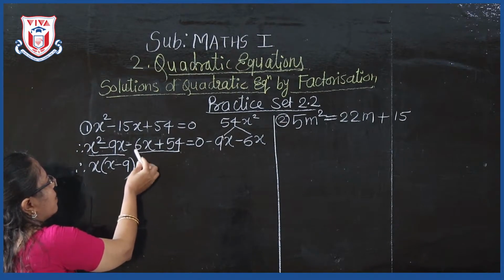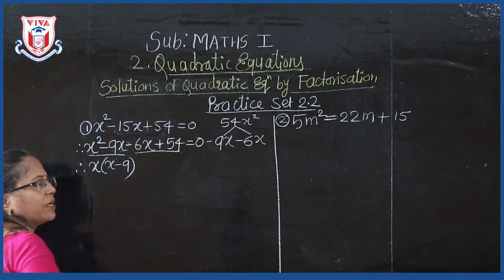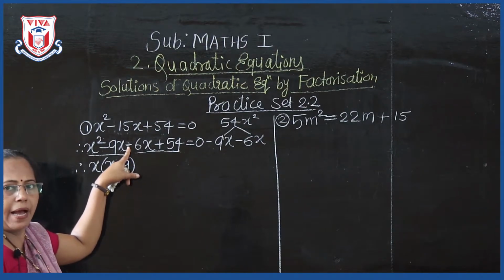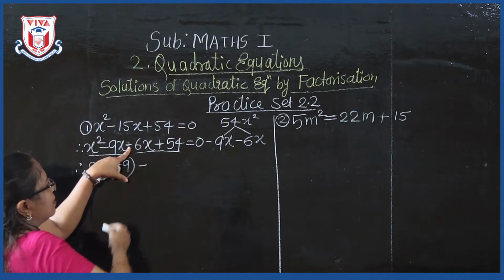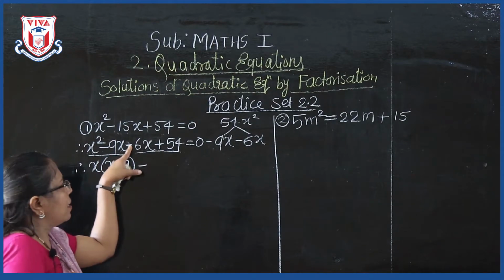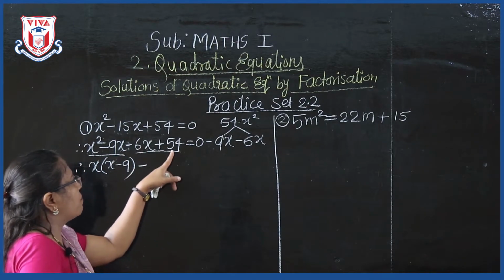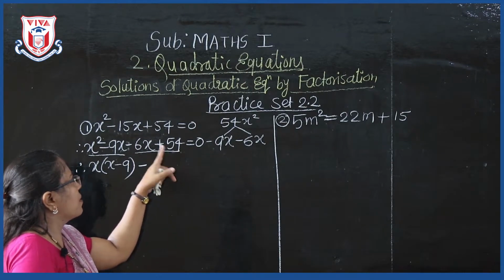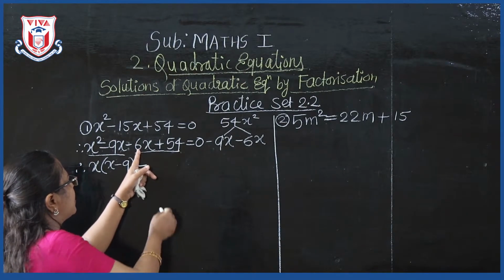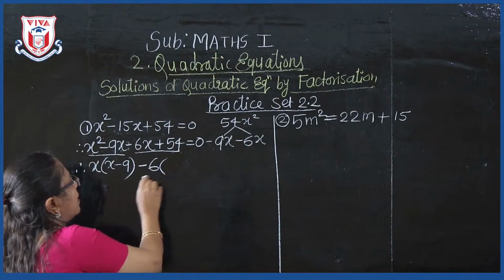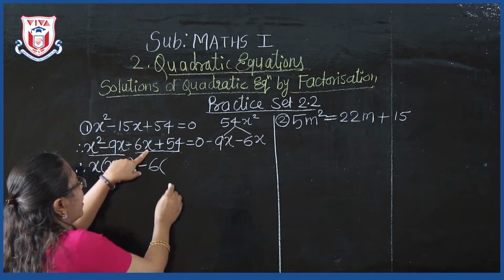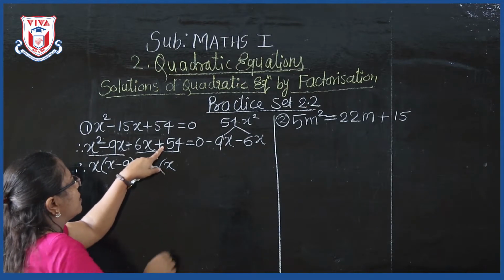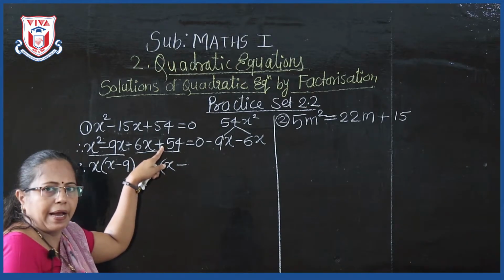Now the second binomial is minus 6x plus 54. The first term has a minus sign, so here write the minus sign. Now from 6 and 54, the common factor is 6. In the bracket x, we took the minus sign common, so instead of this plus we will get minus.